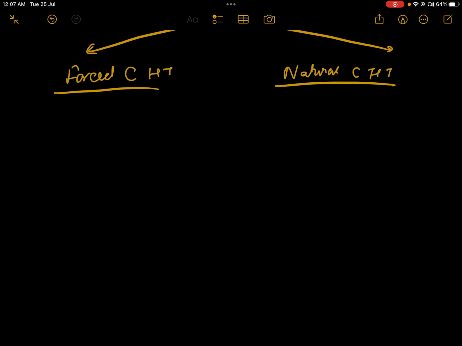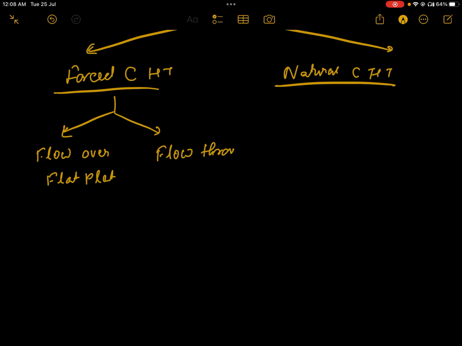Forced convection can be of two types. First is flow over flat plate, and second is flow through pipes.